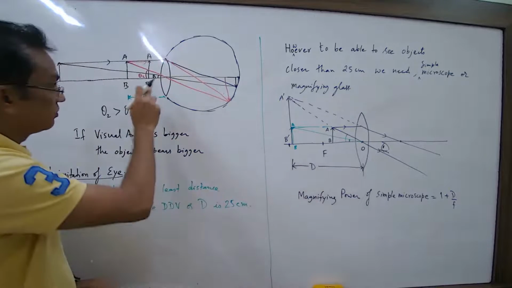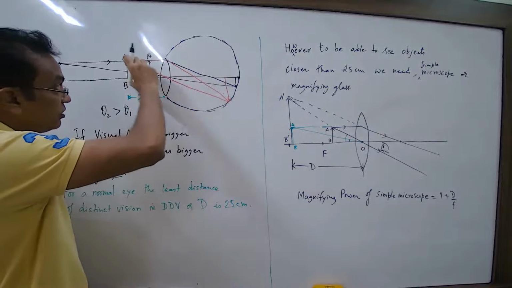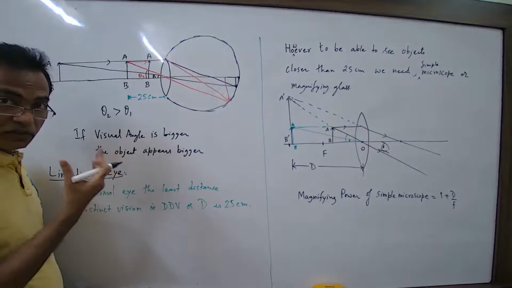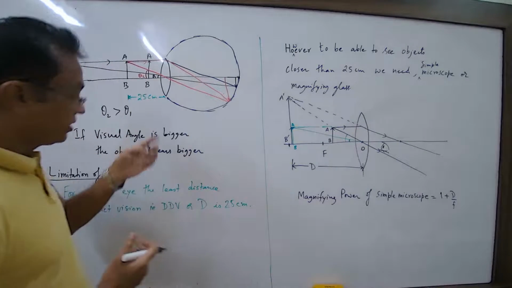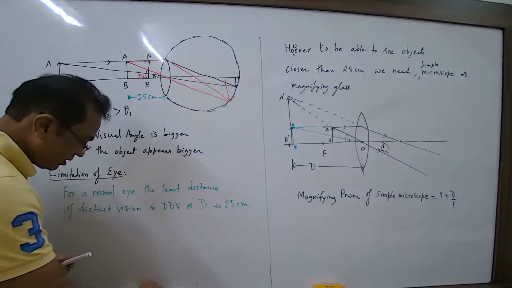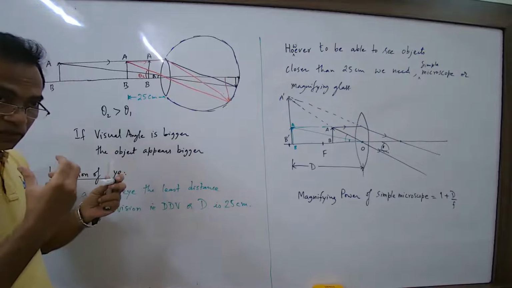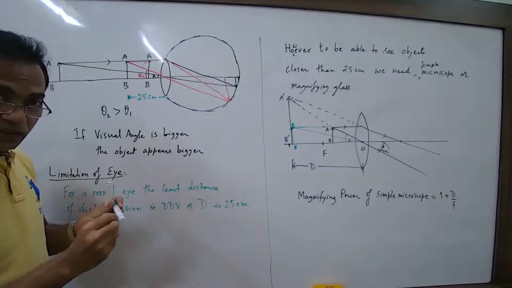Okay, so what this shows is this situation, because without a glass, if you try to bring it closer, my eyes will start paining and I will not see the object clearly. So to see the object clearly, because there could be some fonts, like I said, some fonts are so small that I can't read them, even with my good eye. Okay, so on medicines, very fine prints are there.